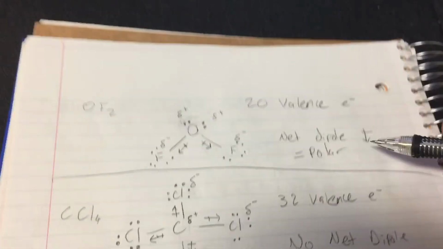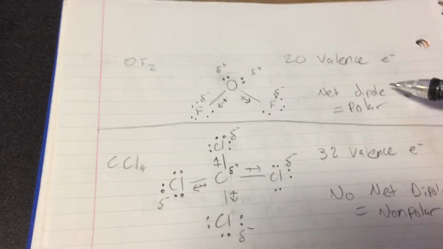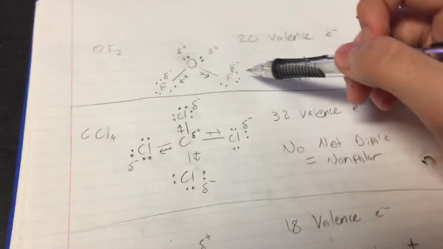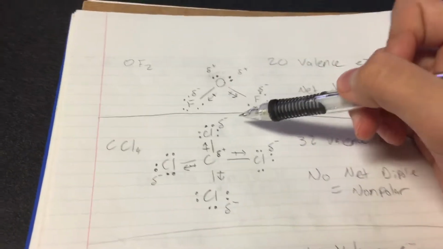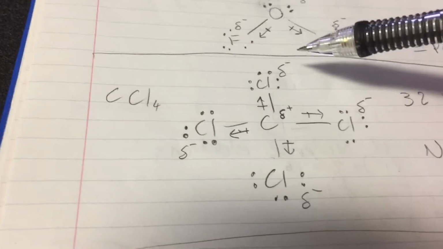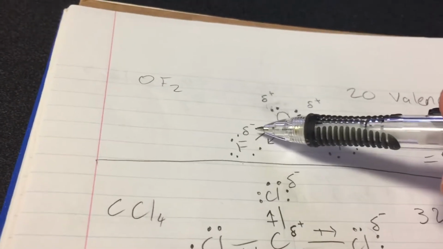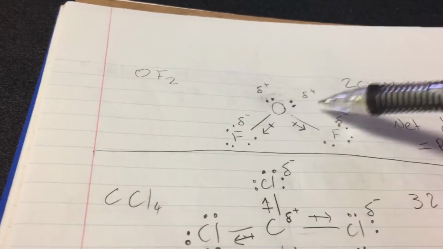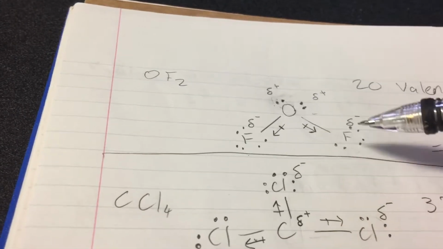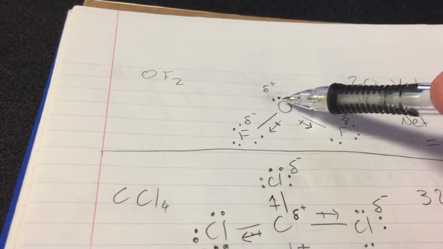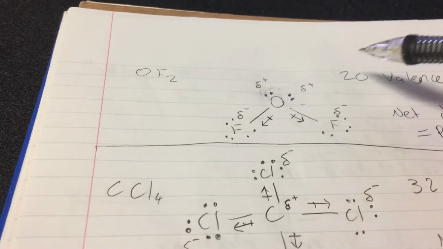The next example is OF2. It has 20 valence electrons. I've already drawn the Lewis structure again. So the partial charges of this one are going to be towards the F because fluorine is the most electronegative atom. So it's notated as delta negative, and the two lone pairs are going to be delta positive.